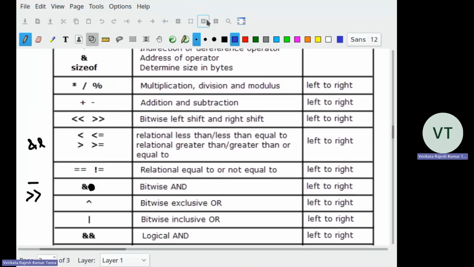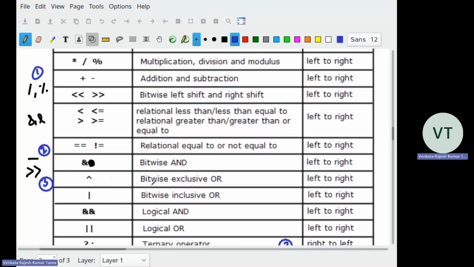And then binary minus, that has the second precedence. And then bitwise right shift, this has next precedence. And finally logical and, that has the least precedence. Okay, so let's now take this back and put it here.